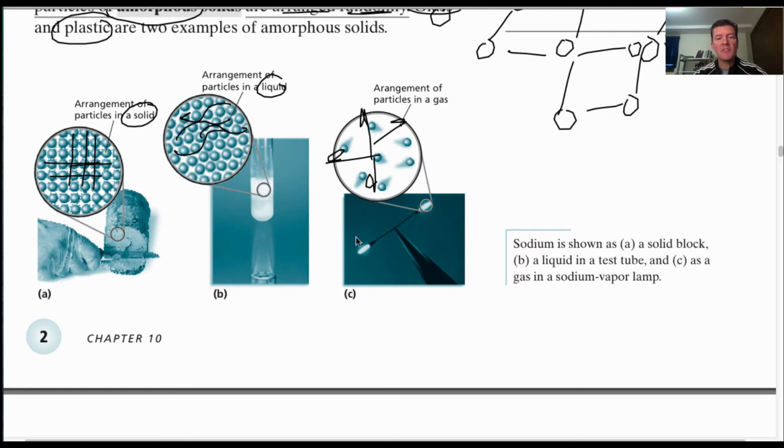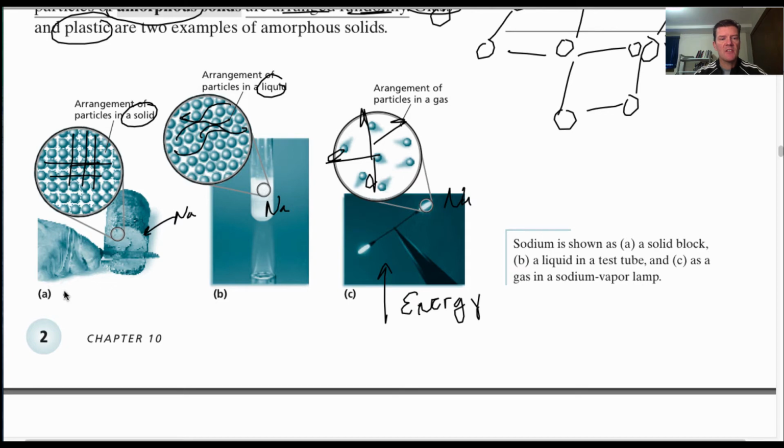Okay? And again, why is that? If these are all the same substance, let's say this metal here, let's say these are all sodium. Okay, this is sodium solid, sodium liquid, sodium gas. Let's just imagine that. If they're all the same substance, the energy for the gas is going to be very high, and so they have lots of motion.